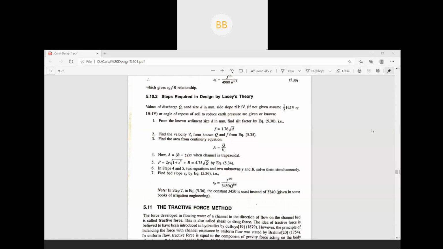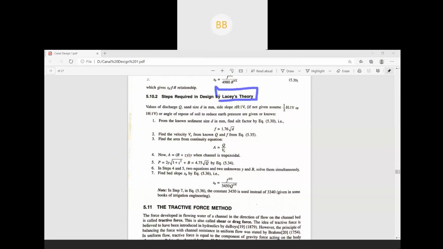Okay, in the last class, we discussed Kennedy's theory, which is used to design a canal or channel of mobile boundary, or you can say erodible boundary. The second method we are going to discuss today is Lacy's theory.